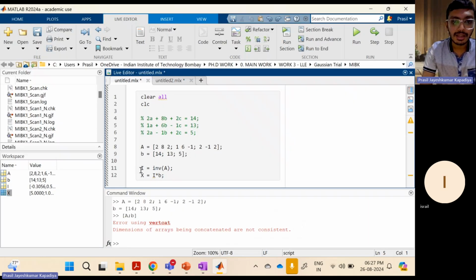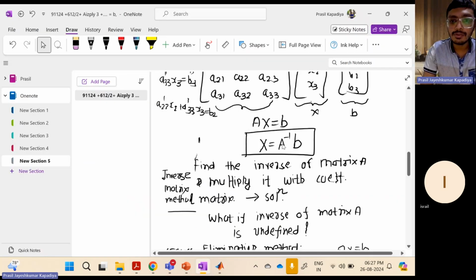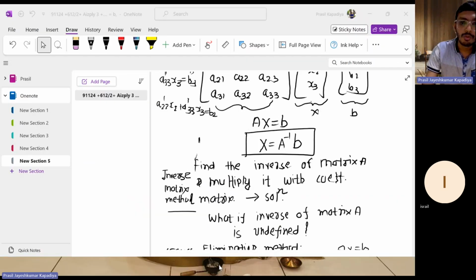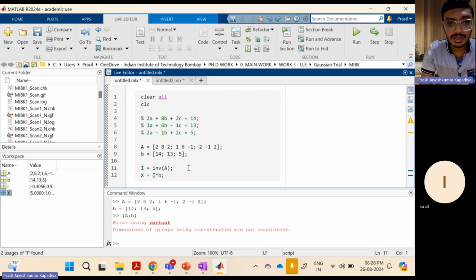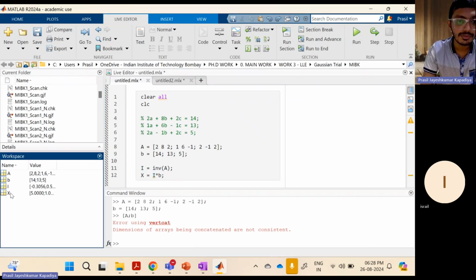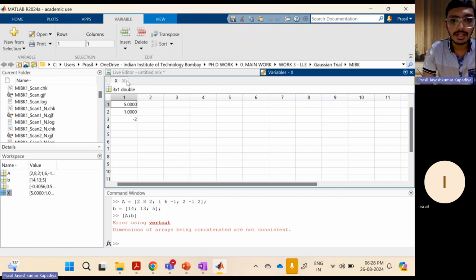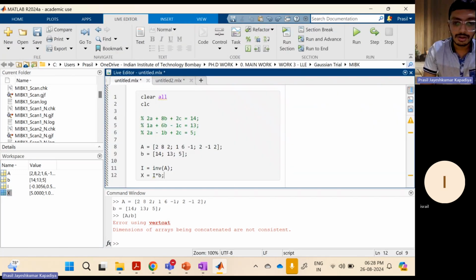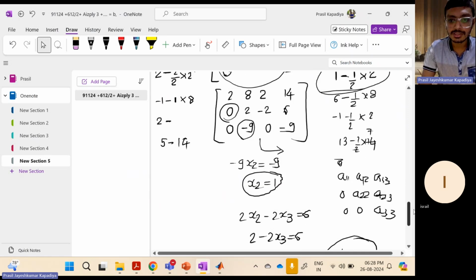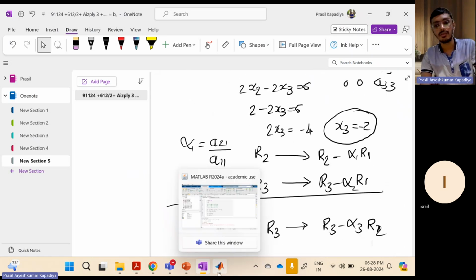So first I calculated inverse of a matrix A using inv command, inv of A. Then I need to do inverse of A into B. So inverse of A into B we did, and we got a solution as 1, 1, minus 2. This is what we exactly got from the hand calculations using Gauss elimination method, correct.